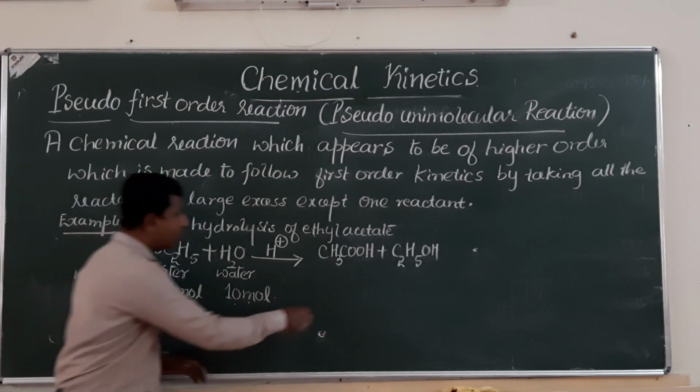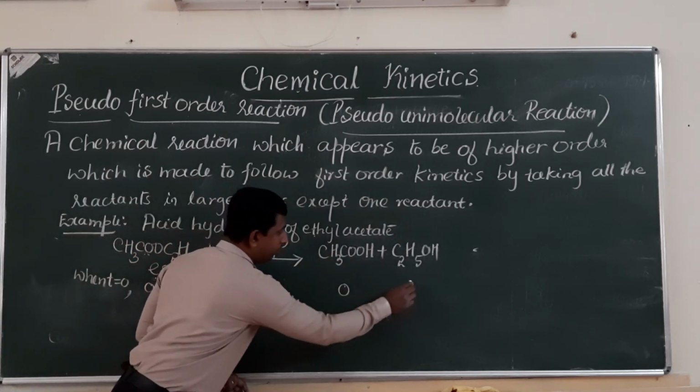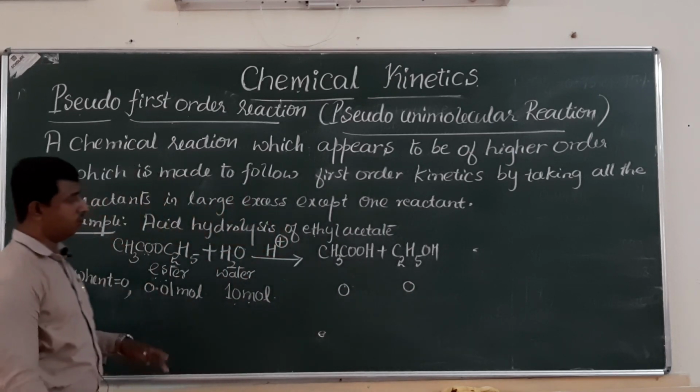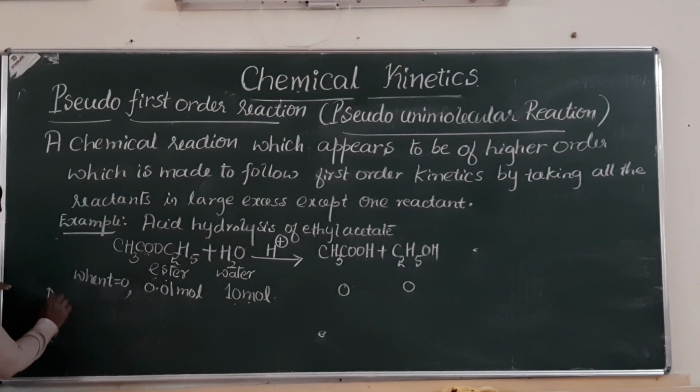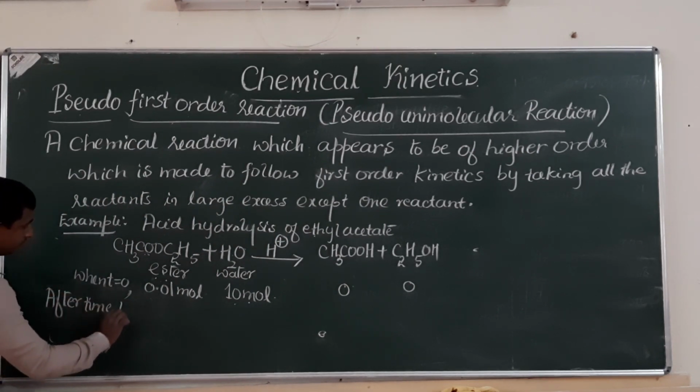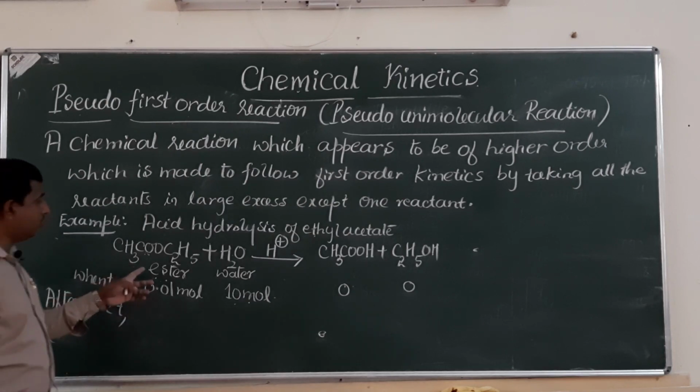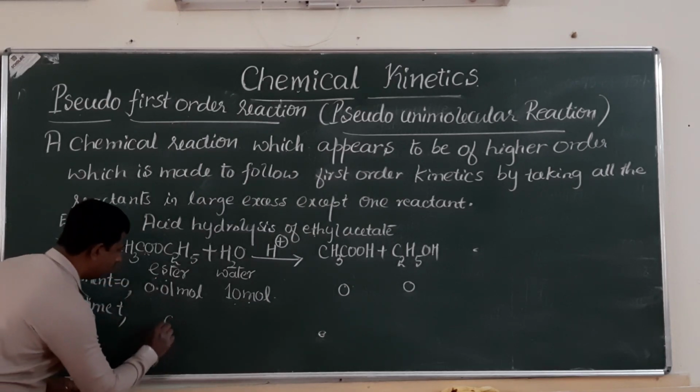See, what about the concentration of the product? Initially it is 0. Acetic acid concentration is 0, alcohol concentration is 0. So after time t, or after the completion, the amount of ester left out will be equal to 0.